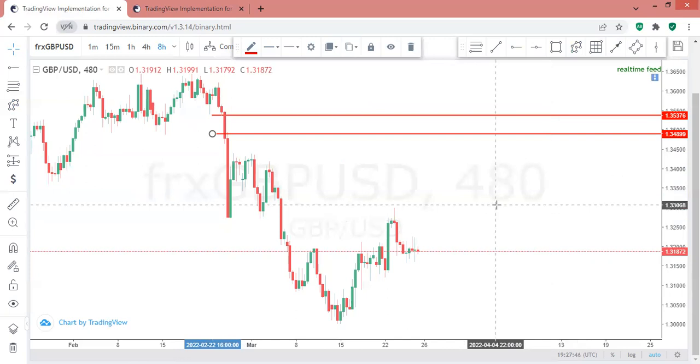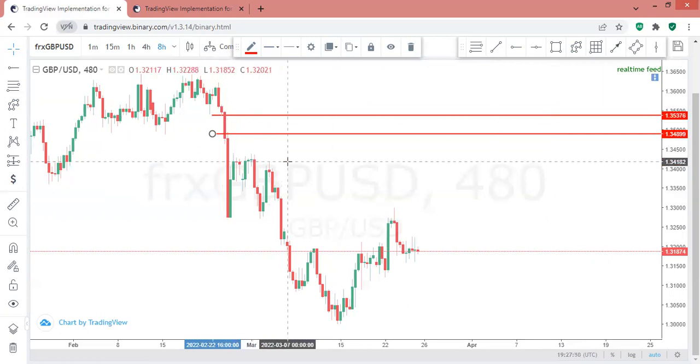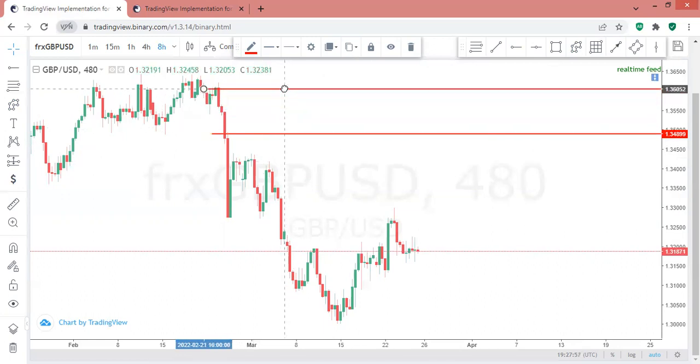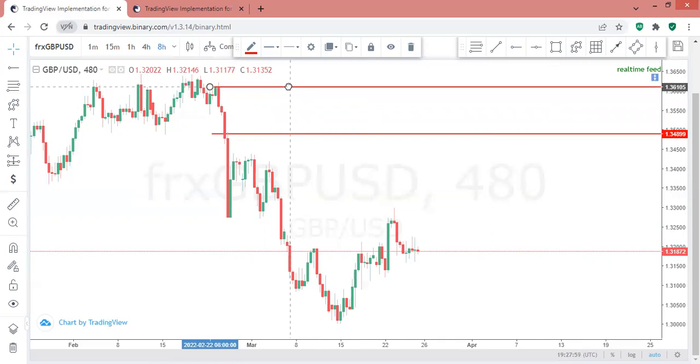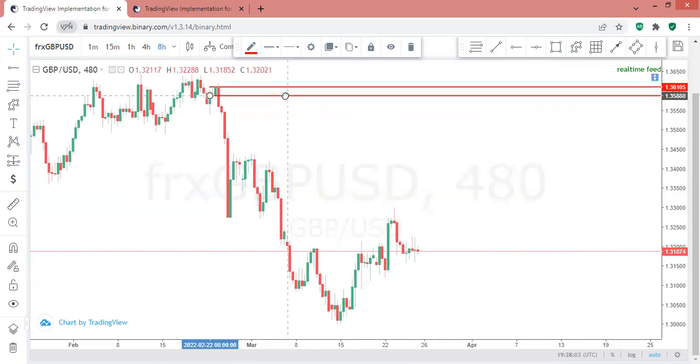Now, this is what we do on higher time frame. I want you to understand something. This is actually a place where the market can come to. This is an institutional candle as well.